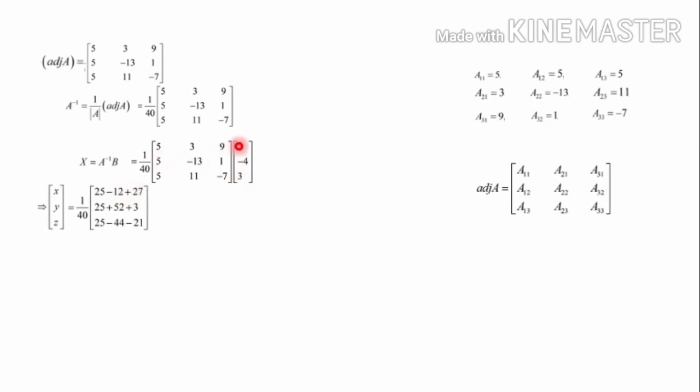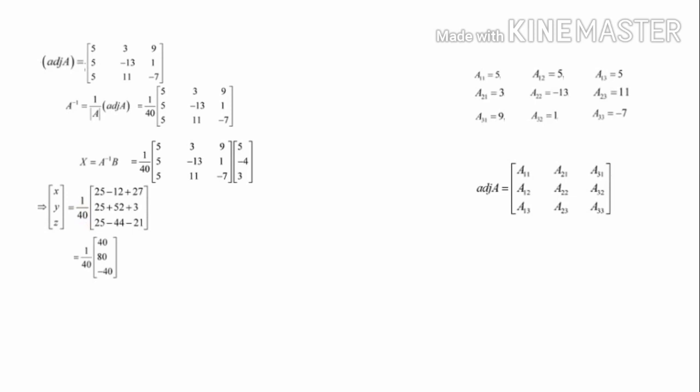Then second row with the column, that is 5 into 5, 25, then minus 13 into minus 4 is plus 52, then 1 into 3 is 3. Next, third row with the column, that is 5 into 5, 25, 11 into minus 4 is minus 44, then minus 7 into 3 is minus 21. 1 by 40 is outside.